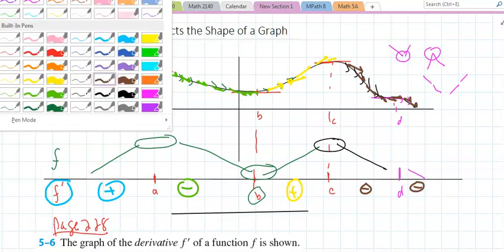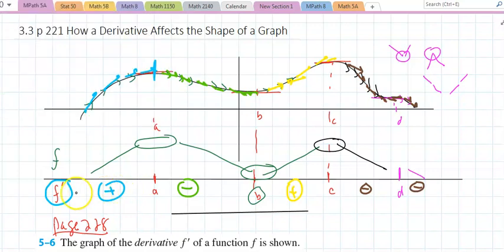So I can conclude, and this is true, whenever this derivative is positive, the function is increasing. Wherever the derivative is negative, the function is decreasing. So derivative is positive, function is increasing. Derivative is negative, function is decreasing. And that's really what I'm going to be doing. I'm going to be playing with this more than anything.